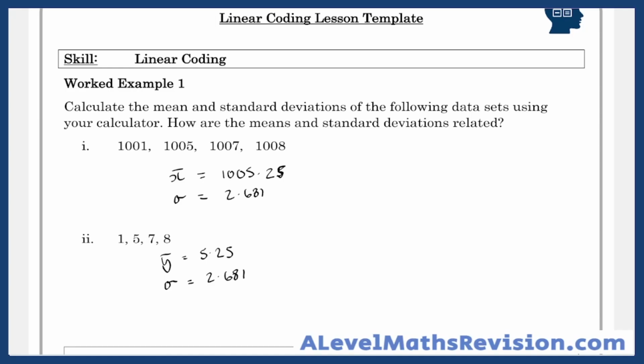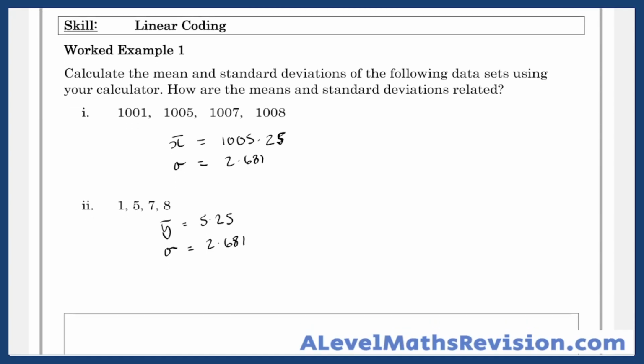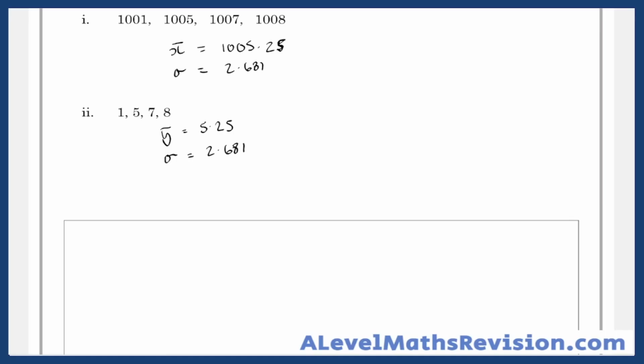Those sets of data you should notice are closely related. So the question asks, how are the means and standard deviations related? Let's analyse what we've done here. To get from this data set to this data set, we've applied what's called a linear code. We've put this data into a particular linear function, which has generated the new set of data.